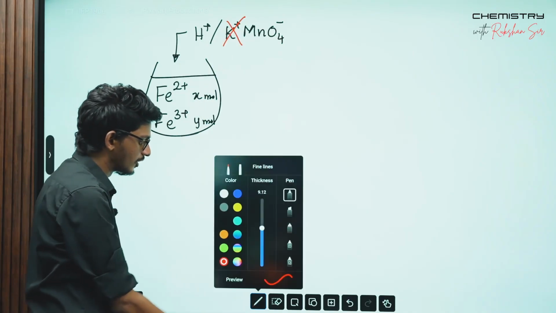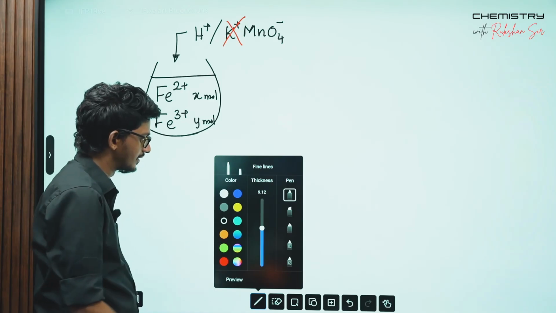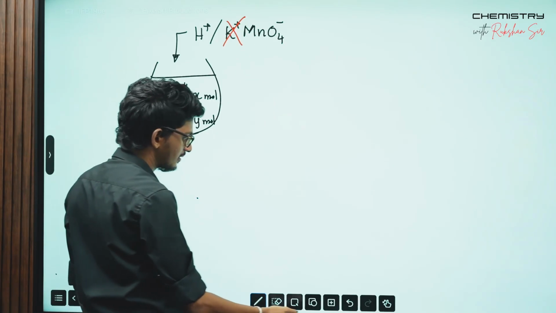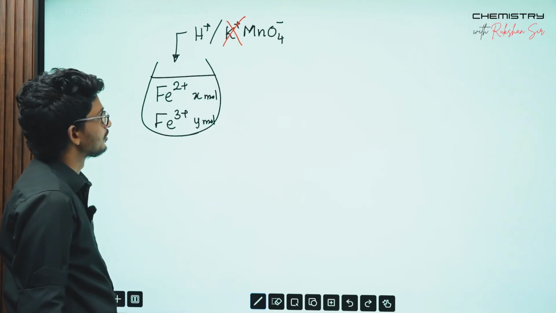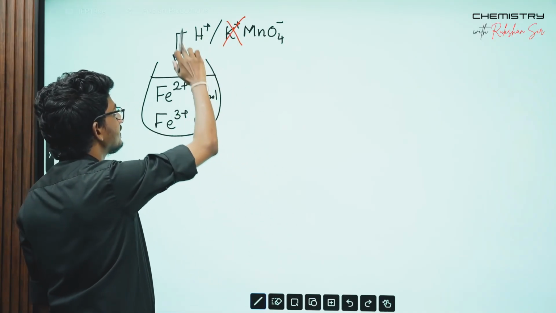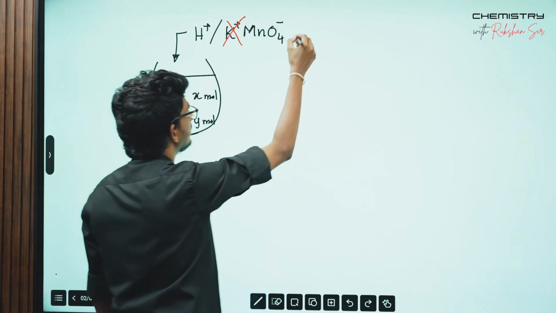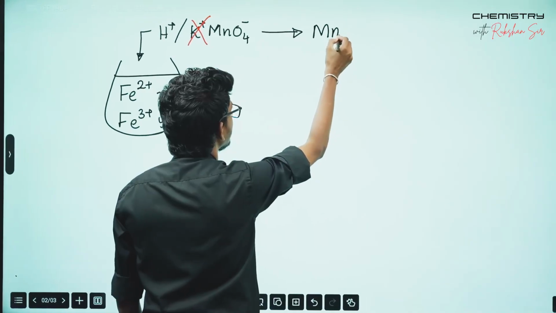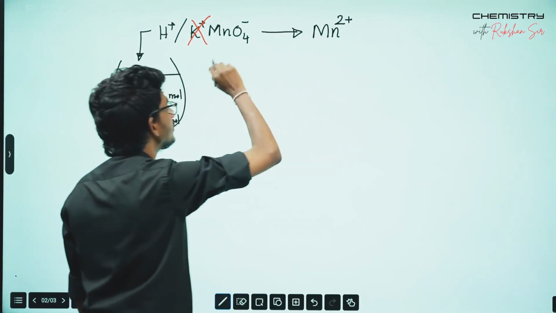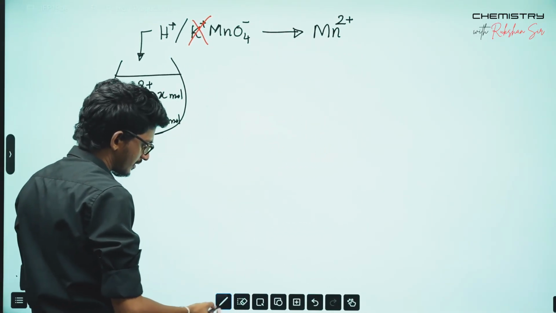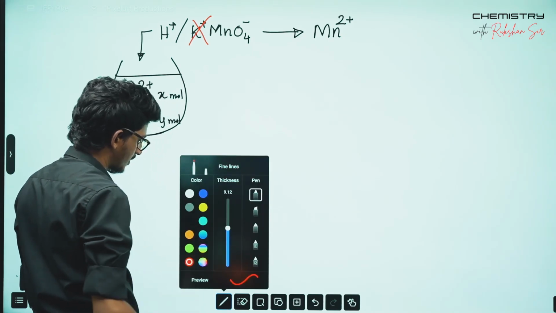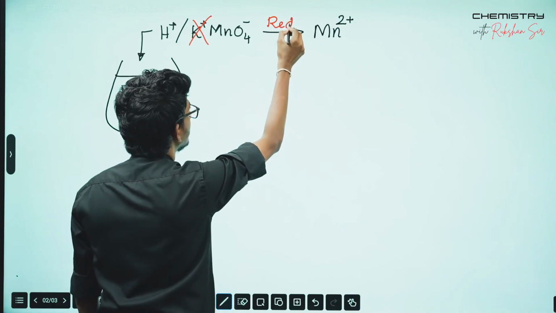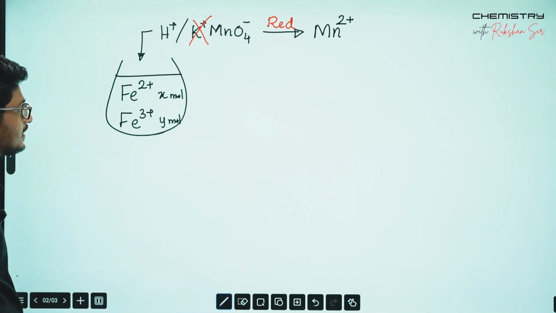Then, with the knowledge we have gathered, when it comes to manganese in redox reactions, in acidic medium, MnO4^- always tends to get reduced to Mn2+. So MnO4^- gets reduced to Mn2+.